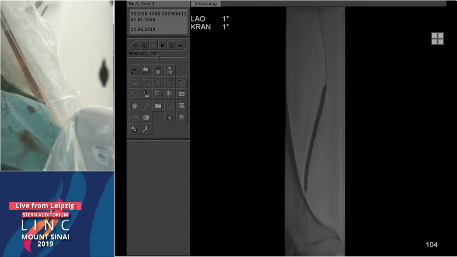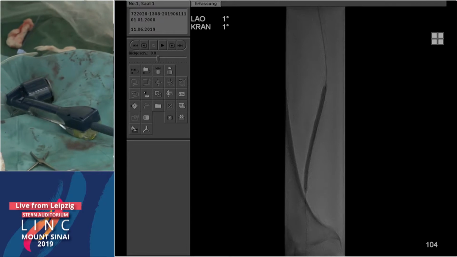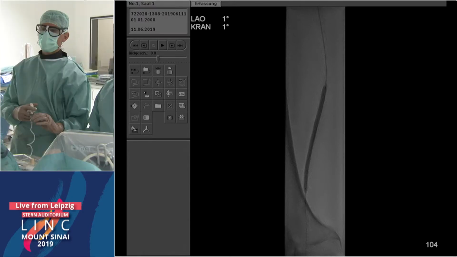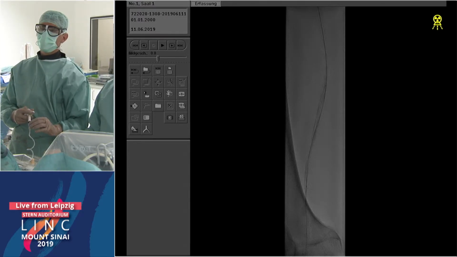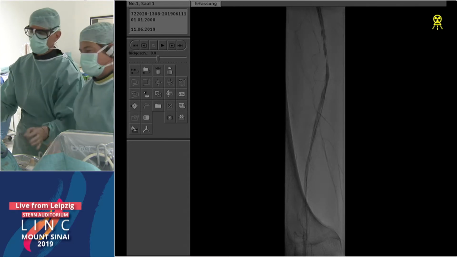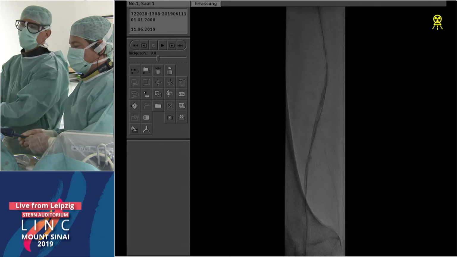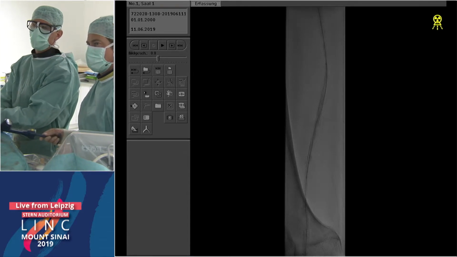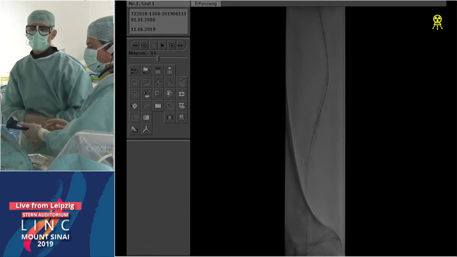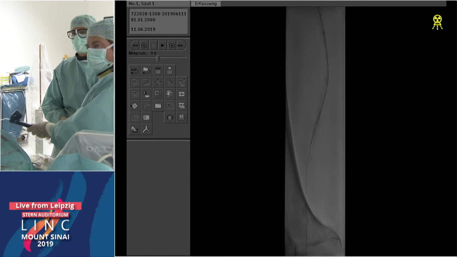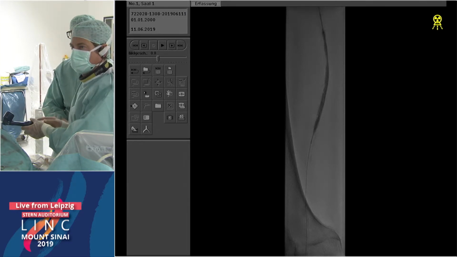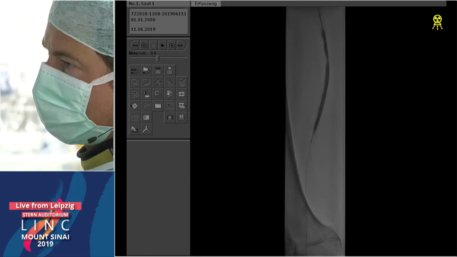Dirk, out of curiosity, is there any discussion of changing the reimbursement for DCBs in Germany as a result of the controversy around paclitaxel? Luckily not yet. Normally insurance companies are always jumping on these discussion points and trying not to pay our bills, but I haven't heard about this on a larger scale until now.